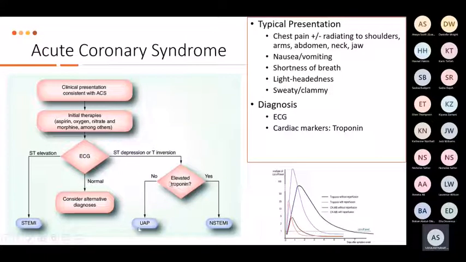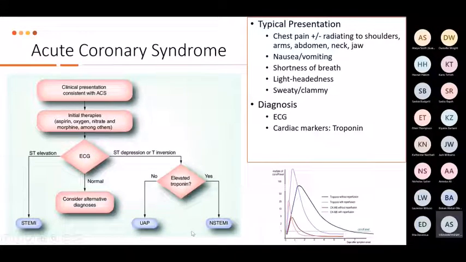If it's not, then it's likely unstable angina. Either way, you'd keep all these patients in hospital and you'd monitor your unstable angina and NSTEMI. And the STEMI, usually you ship them off to get a PCI. With the troponin as well, you need to make sure you always get two, which are about 4 hours apart, because it takes a few hours for it to actually start rising properly.